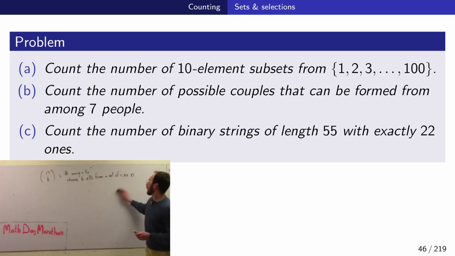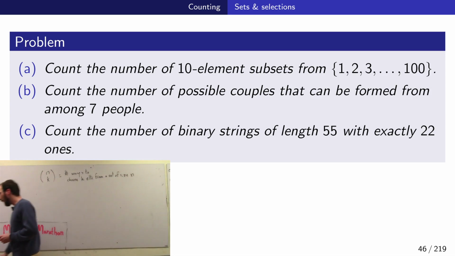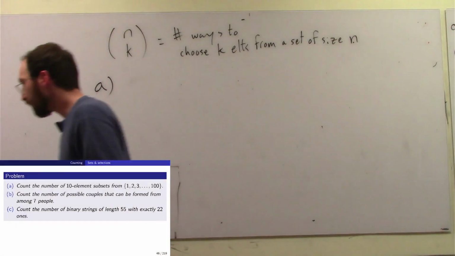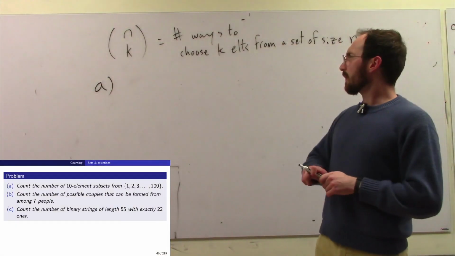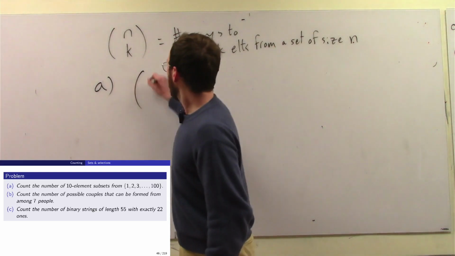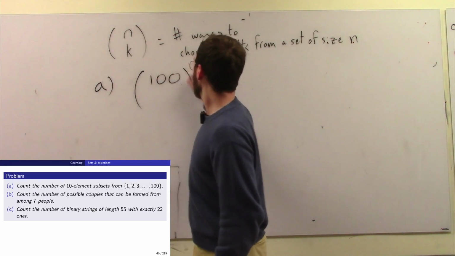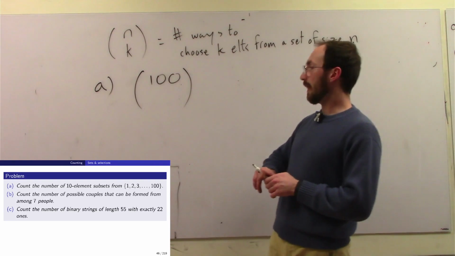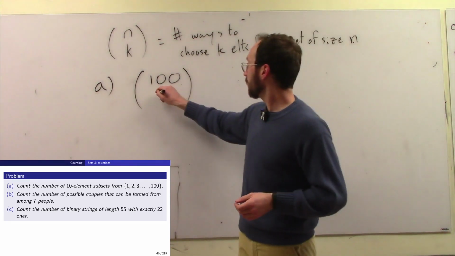Just leaving that up on the board, this n choose k. We might ask, how many ways can we get 10-element subsets from the set 1 up to 100? Well, we have 100 elements to work with, and we're just picking 10 from it.